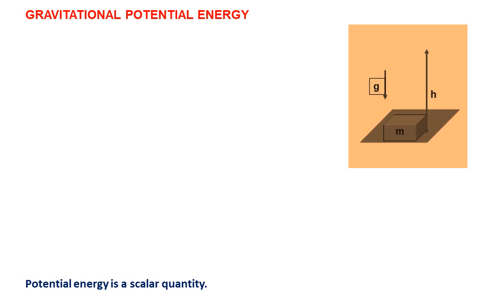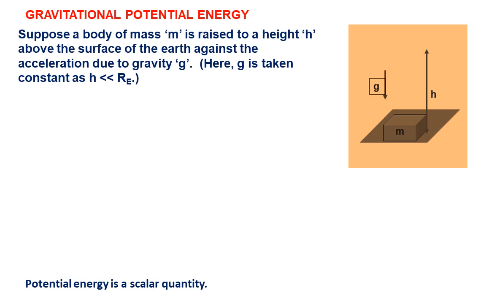It is the energy possessed by the body by virtue of its position above the surface of Earth. Potential energy is a scalar quantity. Suppose a body of mass m is raised to a height h above the surface of Earth against the acceleration due to gravity.